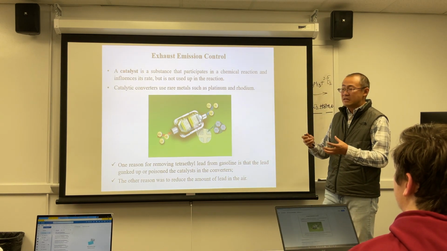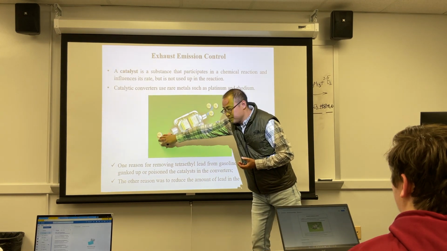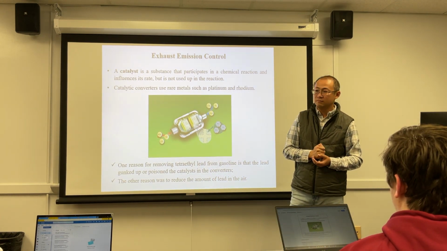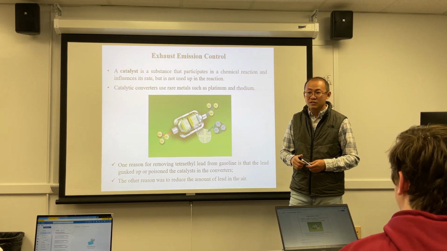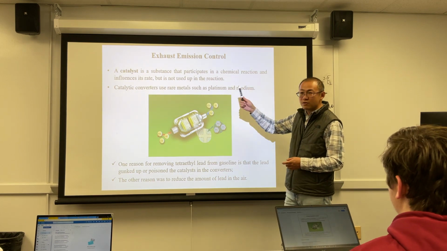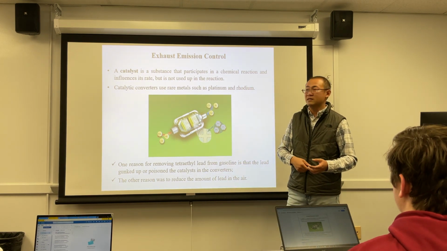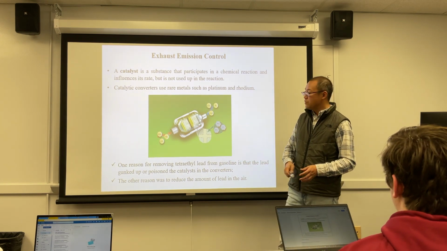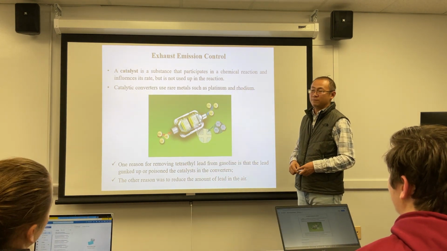These metal catalysts provide a surface for these gases to be further oxidized by the air in the exhaust pipe. So when they exit into the air, they contain more of the final oxidation products like CO2, water, and nitrogen. So the toxic gases, the air pollutants, will be further reduced.